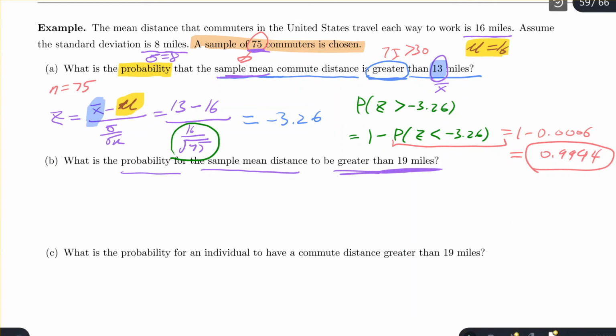First, we find the z-score, which will be x bar minus the population mean divided by the adjusted standard deviation. Well, x bar now is 19, minus the population mean of 16, divided by standard deviation 8.